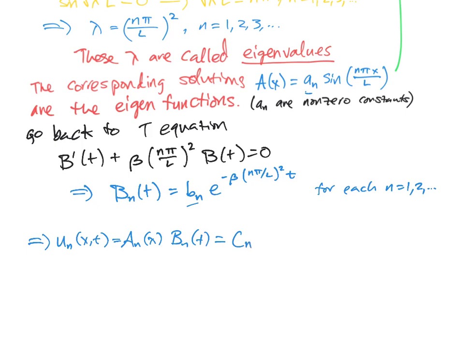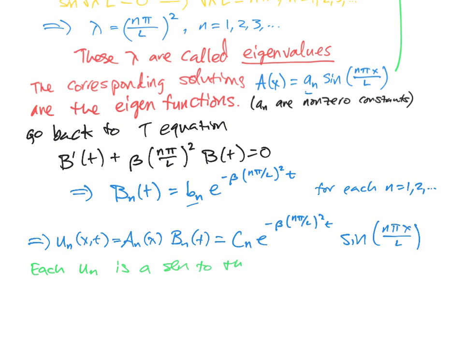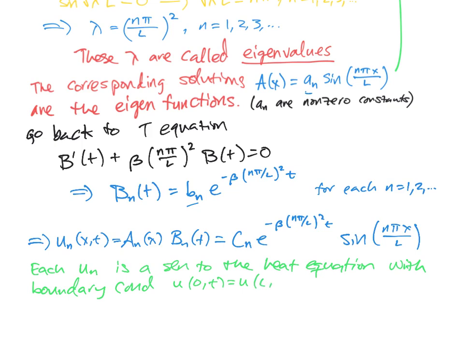So we get Cn e to the negative beta n pi over L squared t times sine of n pi x over L. So now each un is a solution to the heat equation with the boundary condition, so the boundary condition is u of 0,t equals u of L,t equals 0, but not the initial condition u of x,0 equals f of x. Okay, we haven't plugged that in yet.